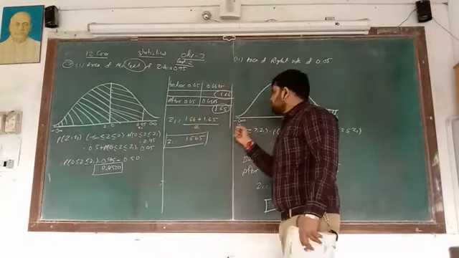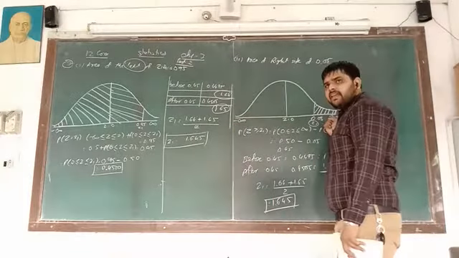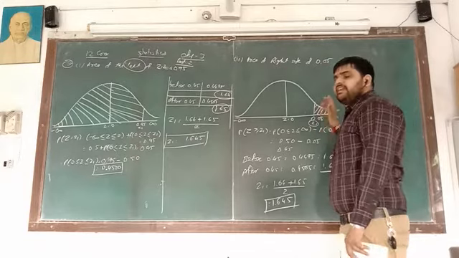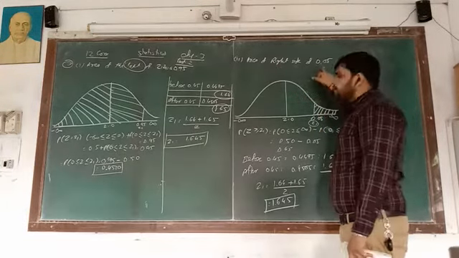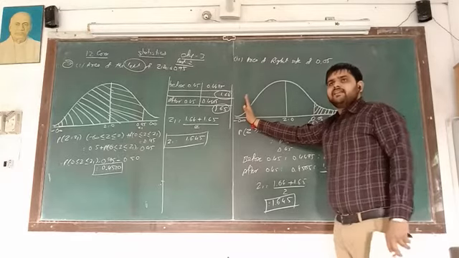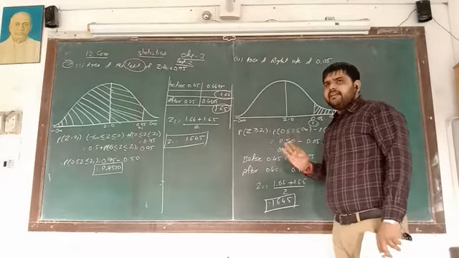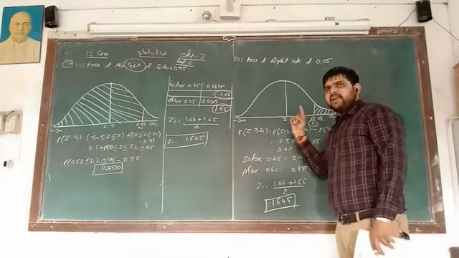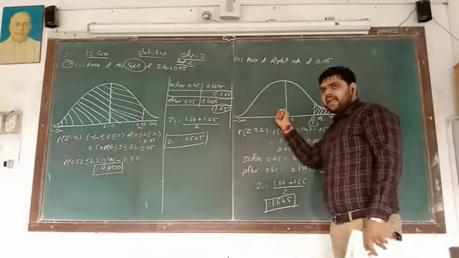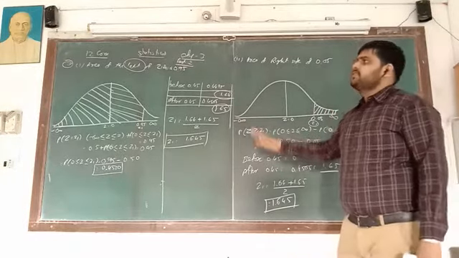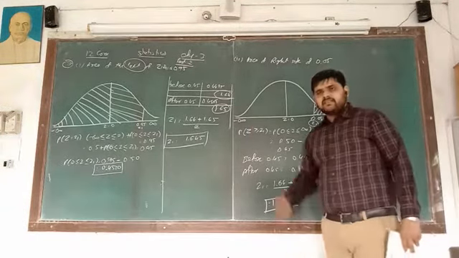And here we have to start from the right-hand side. If 0.95 is given on the right-hand side, where should we draw it? At the end. So we only have to see whether it is the left-hand side or right-hand side, draw the bell-shaped diagram, and then solve it. So this is question number 7.